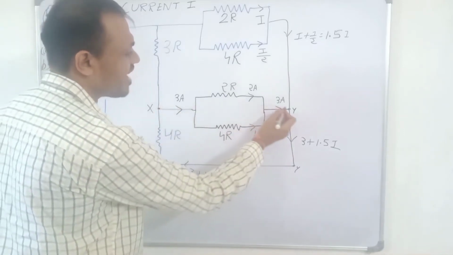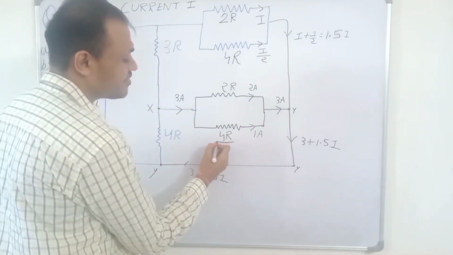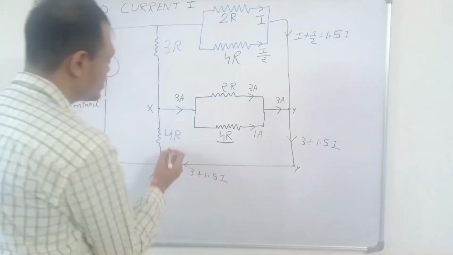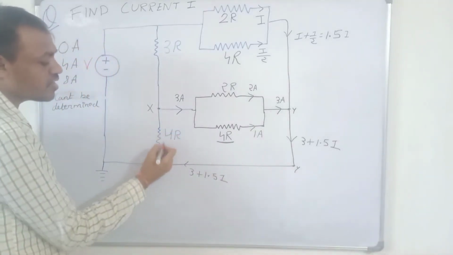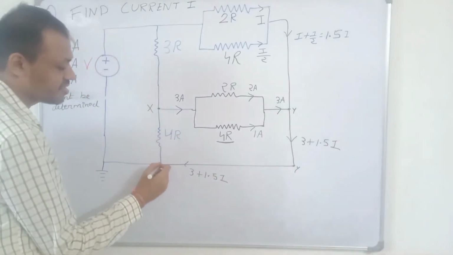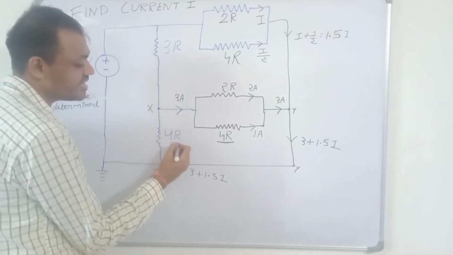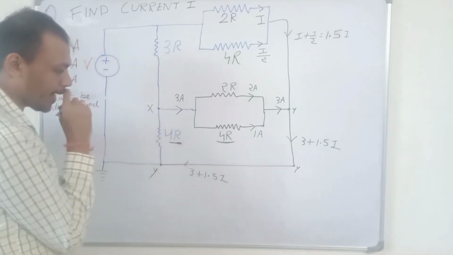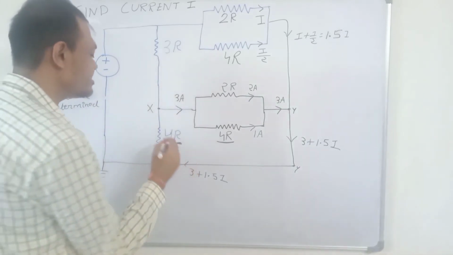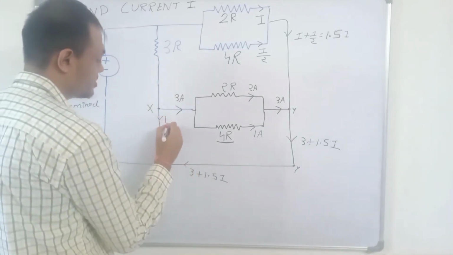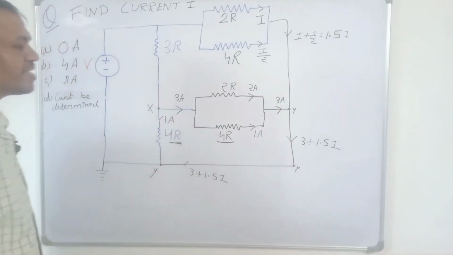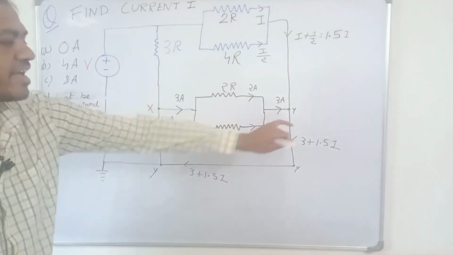So this 4R resistor is also connected between X and Y. So the current through this 4R resistor will also be 1 ampere. So this current is 1 ampere from X to Y.